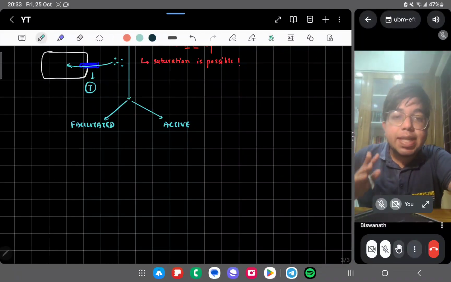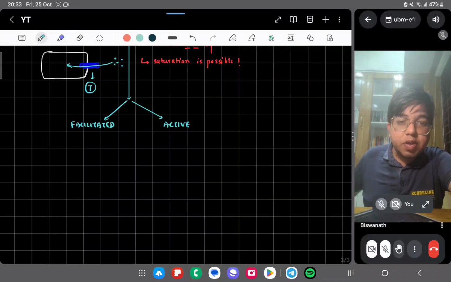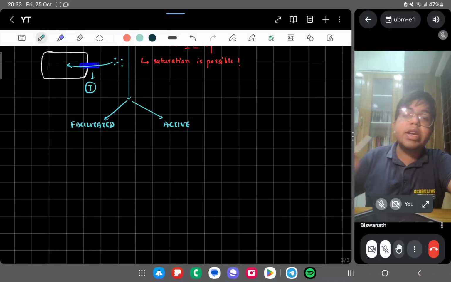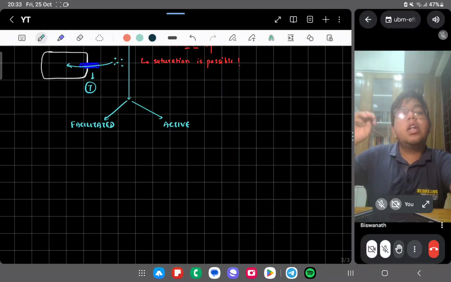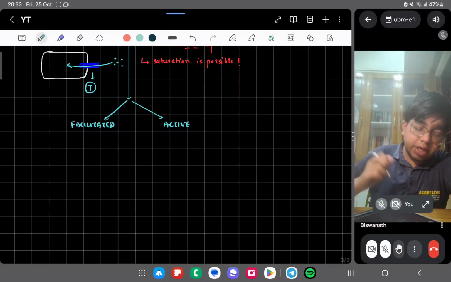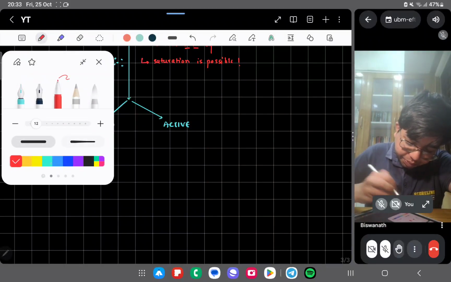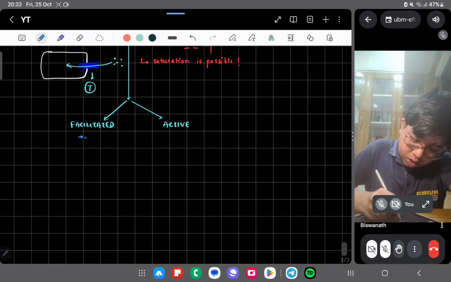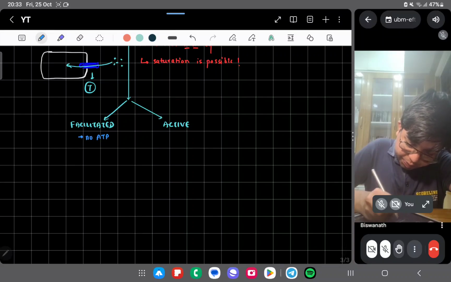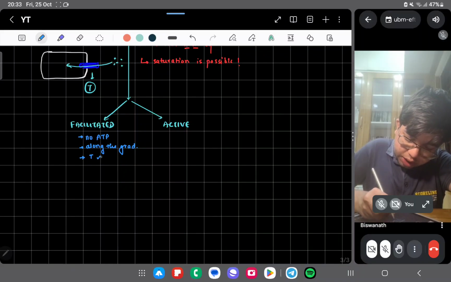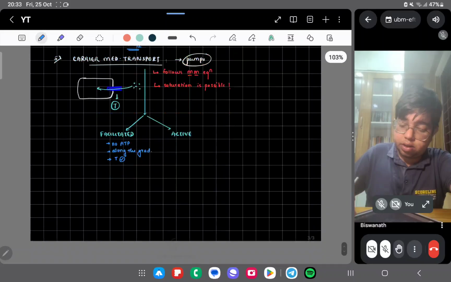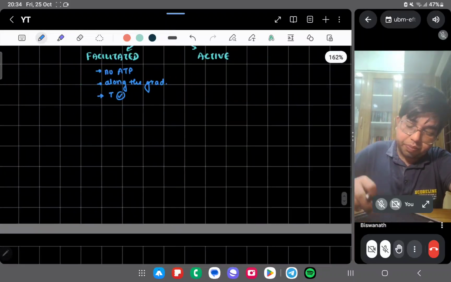Facilitated transport means there is no ATP use. It is going along the concentration gradient, but a transporter is used. It has all the features of simple diffusion, but a transporter is used, right? So no ATP, along the gradient, transporter used.